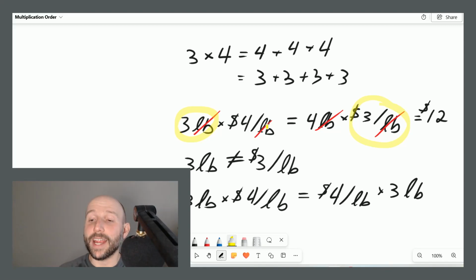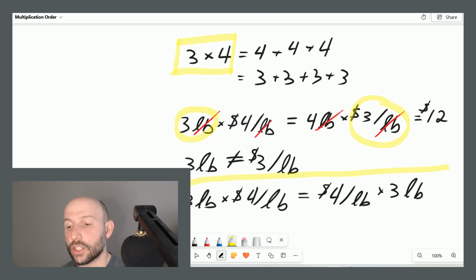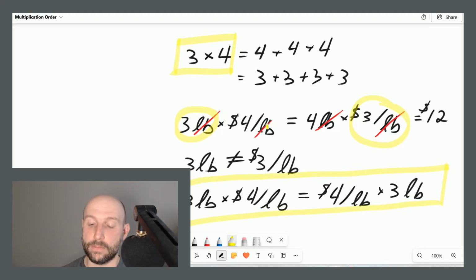It's not the location of the 3 that changes the story. It's the units of the 3 that changes the story. And in this question here, it's dimensionless anyways. There are no units. 3 and 4, you can imagine, have the same unit, and that same unit is unitless, dimensionless. But even if you have units, order does not matter.